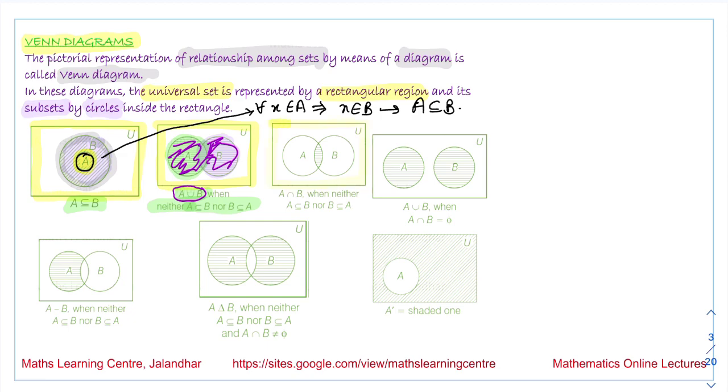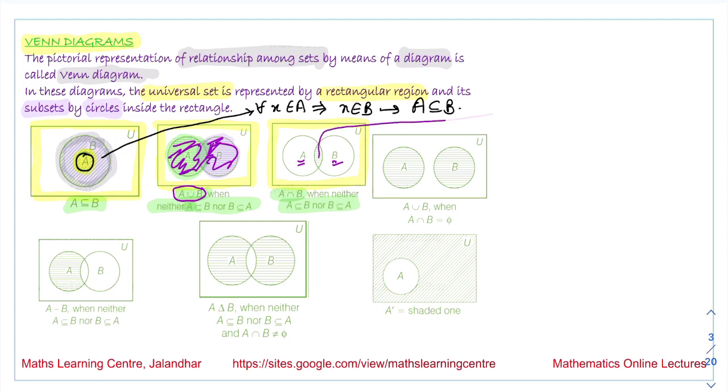Third, this is the universal set. We are now talking about the Venn diagram corresponding to A intersection B, where neither A is a subset of B nor B is a subset of A. Again we have two sets: this is the set A and this is the set B. What is the intersection of these two sets? We are talking about this region.